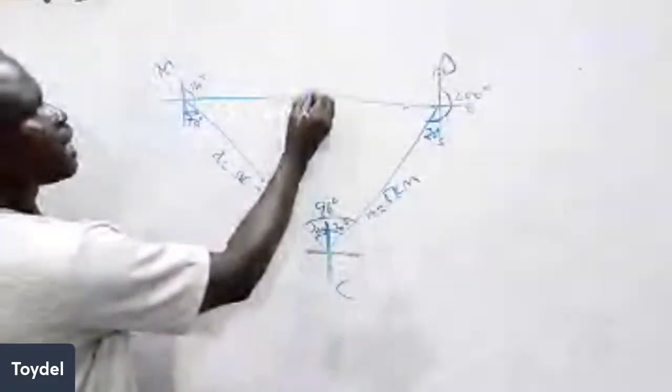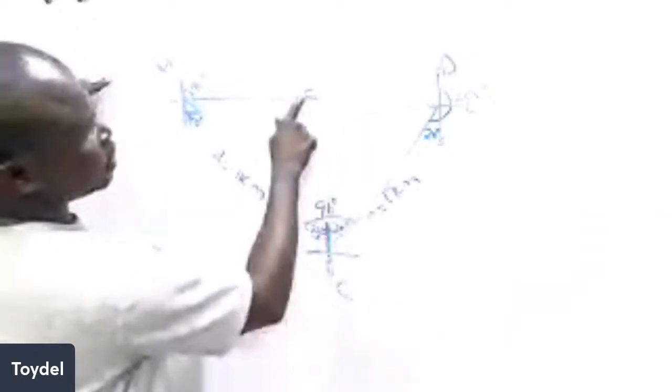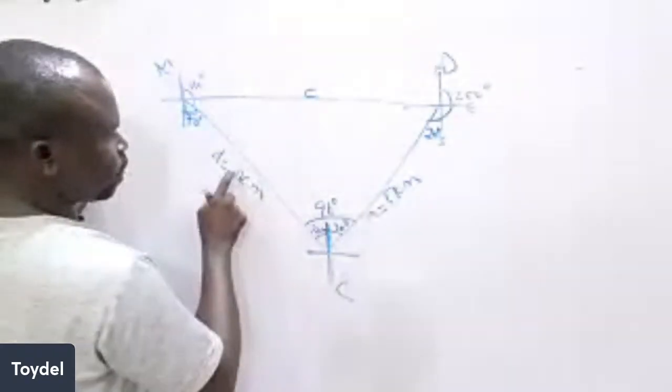Okay. So if you want to find the distance between their farms, which is small c, we are going to apply the cosine rule.